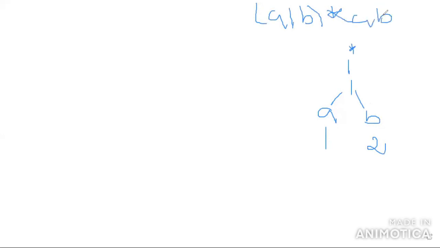So here, first I have to draw the syntax tree. Here, a slash b: a is 1, b is 2. Then star, so (a|b)*. Now I complete the problem for (a|b)* followed by a b b hash.